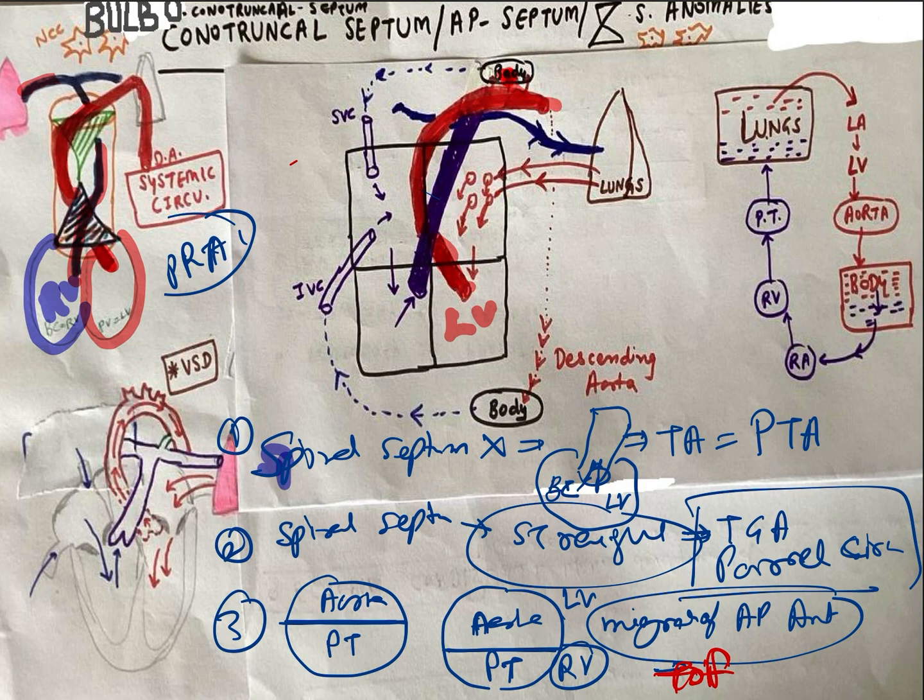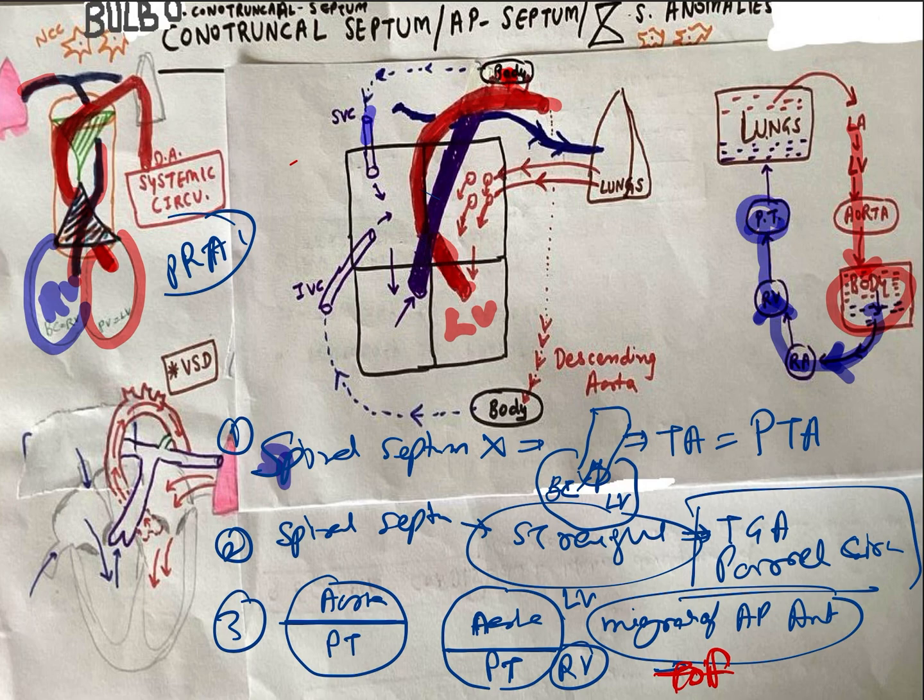The body takes oxygen and adds CO2 and forms deoxygenated blood. This deoxygenated blood goes into the right atrium, from where it goes to the right ventricle. From the right ventricle, this blood goes to the pulmonary trunk.